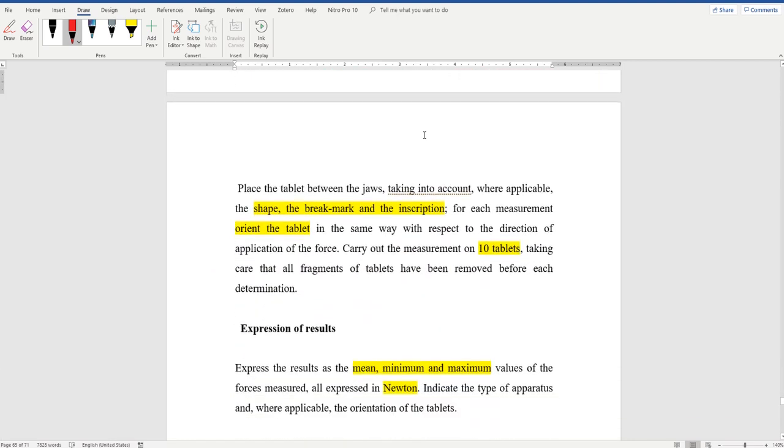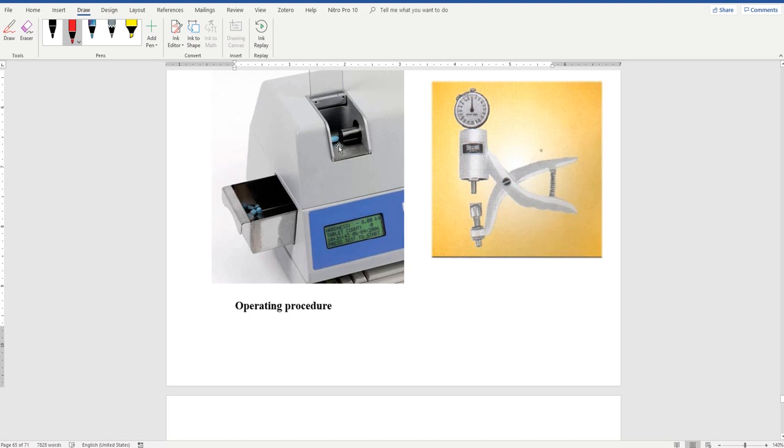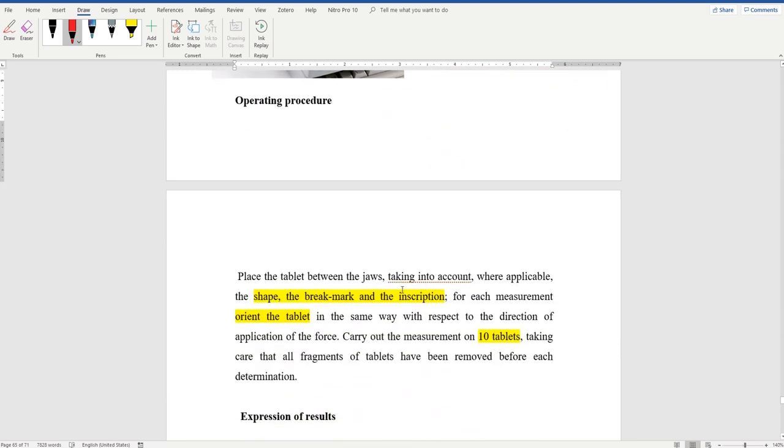How do you carry out the experiment? You take 10 tablets and place each tablet in a clean place between the jaws. Remember always, this is important, the direction of the tablet with regards to any mark, like for example the shape.